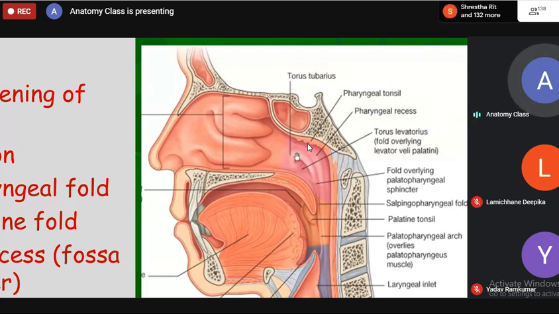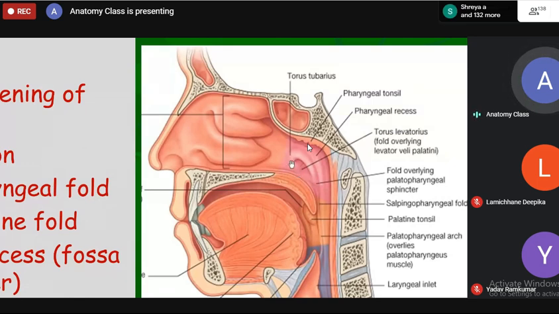Now another word for the tube is salpingo. You can see the two folds moving out from the tube. This fold going towards the pharynx is known as the salpingopharyngeal fold. And this fold going towards the soft palate is known as the salpingopalatine fold.